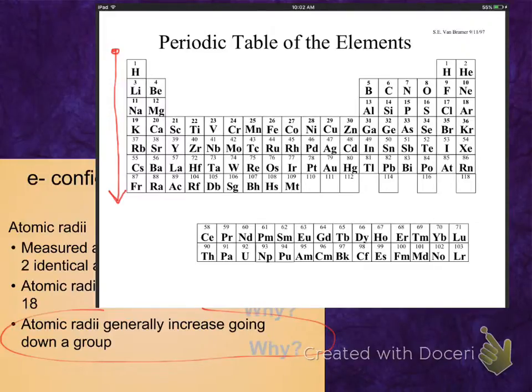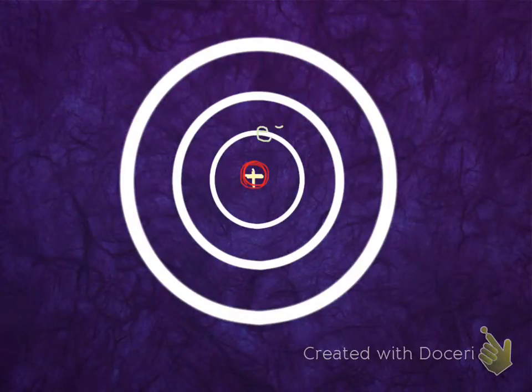Okay, so let's fall back to that old standby, the Bohr model, as a graphic. This is a mock-up, a model of a Bohr atom.